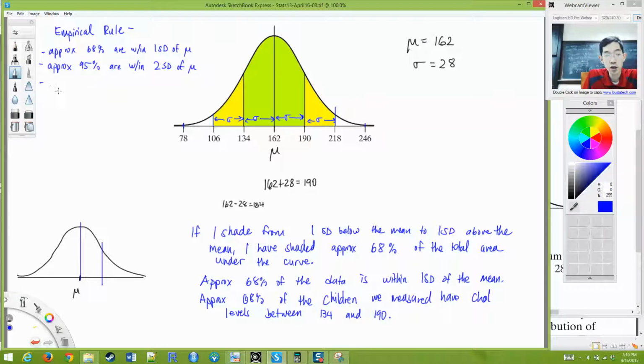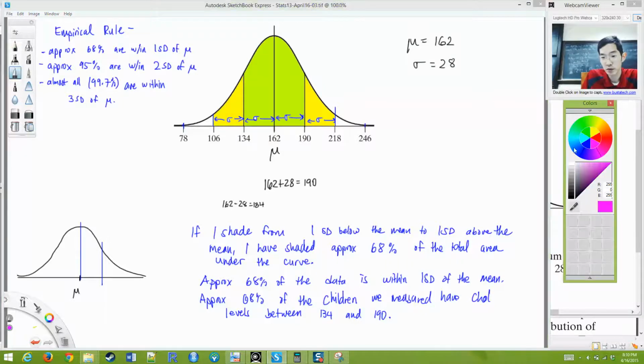And then almost everyone, almost all, and the true number is 99.7%, but of course this is an approximation, so it's not necessarily the case, but almost all are within 3 standard deviations of the mean.